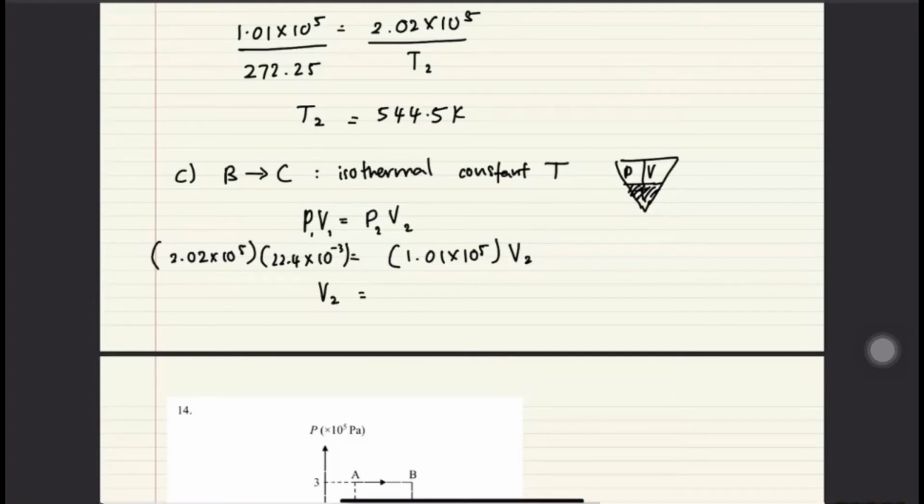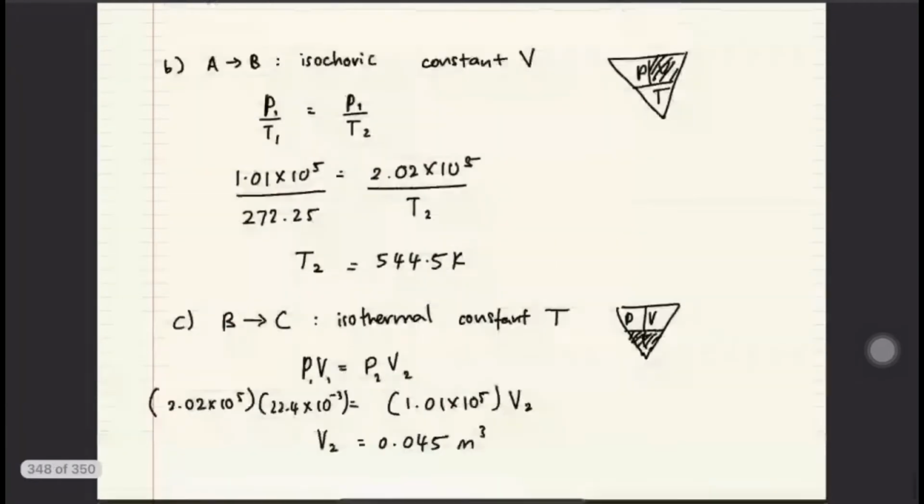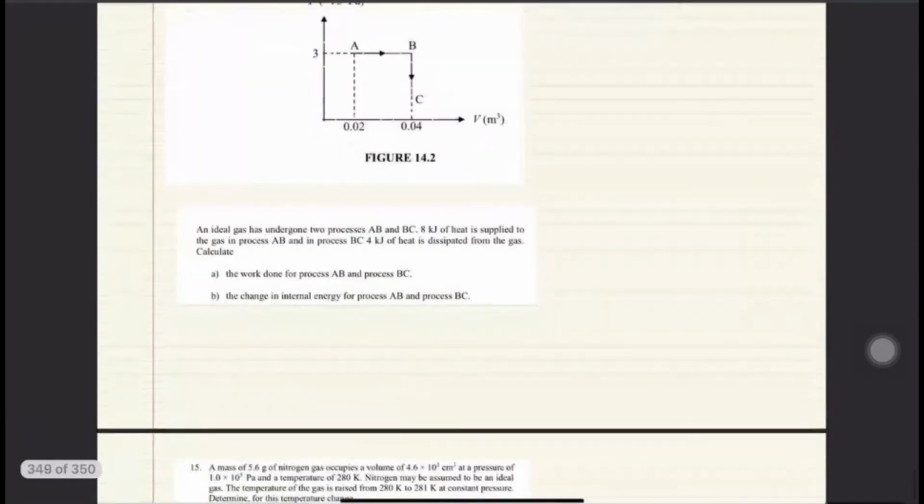V tu dapat berapa? 0.045 meter cube. Very good. Okay, ada soalan? Tak ada sir.